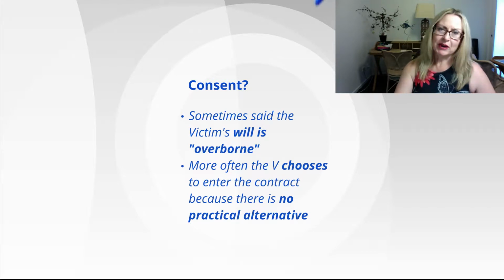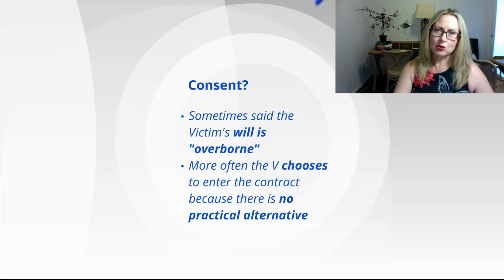And that obviously will make you think of, well, okay, if the victim's will is overborne, do they actually have capacity to contract? Are they capable of assenting to contractual terms? Is there ever going to be consensus ad idem if one of the parties effectively can't choose what they want to do?